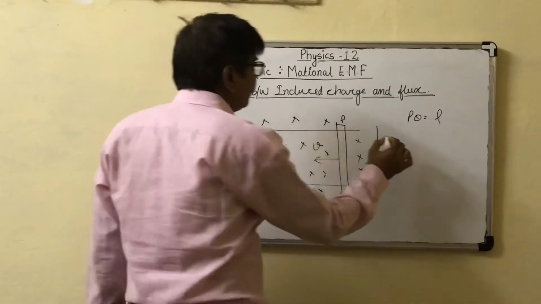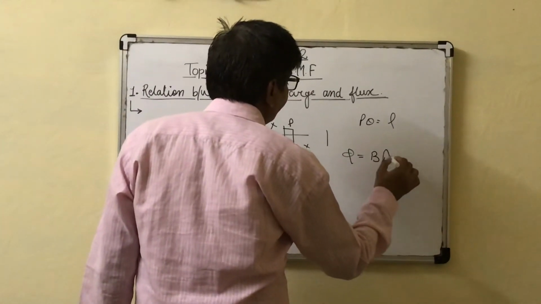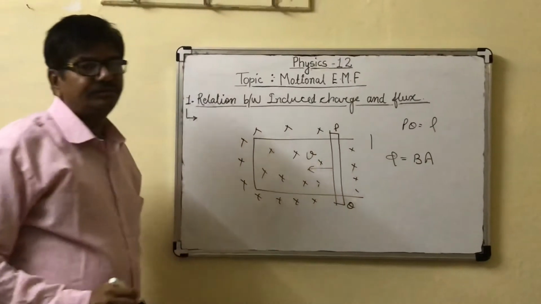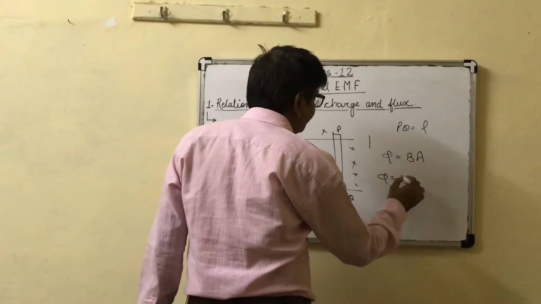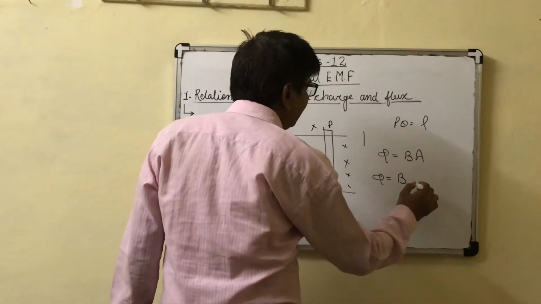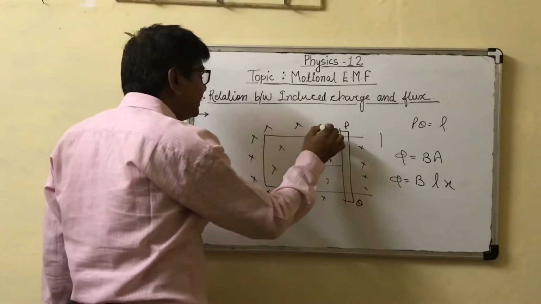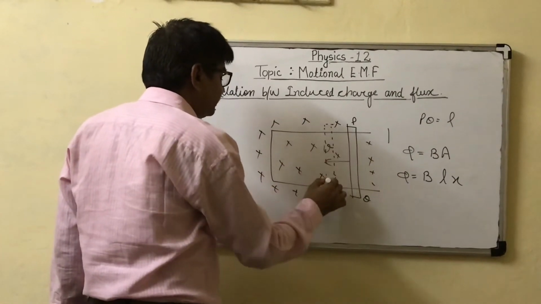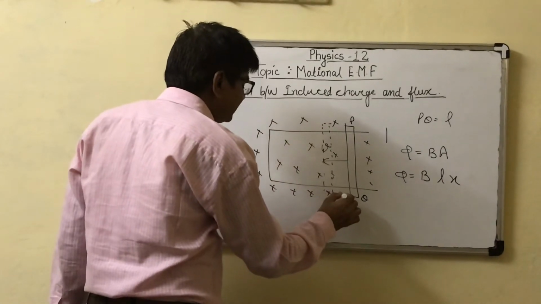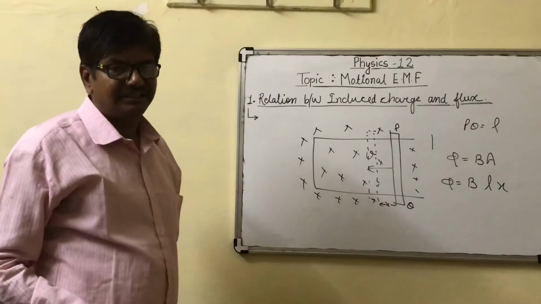So the flux is changed. Phi is equal to B A, where area means length into breadth. Suppose this conductor moves inward, and this distance is x, or you can say the breadth is x.